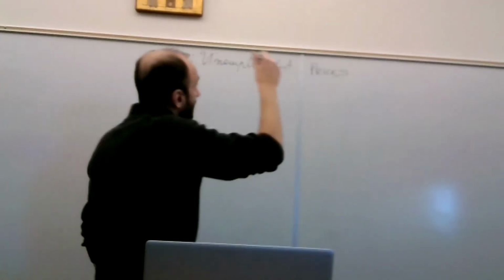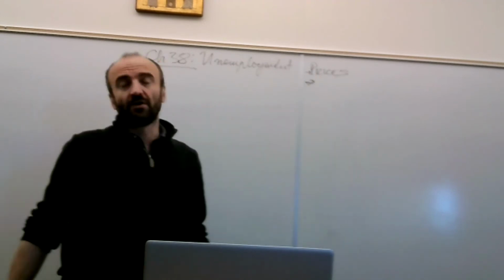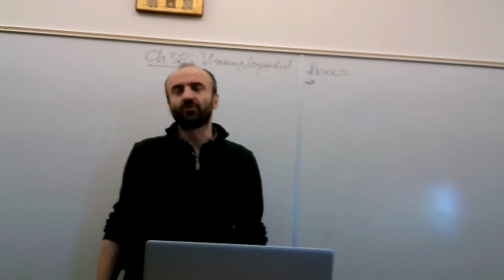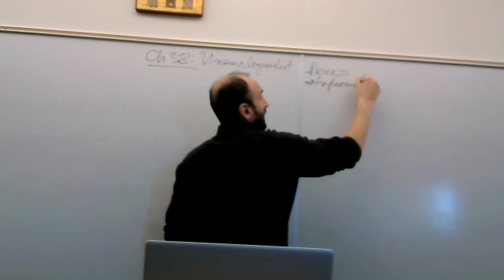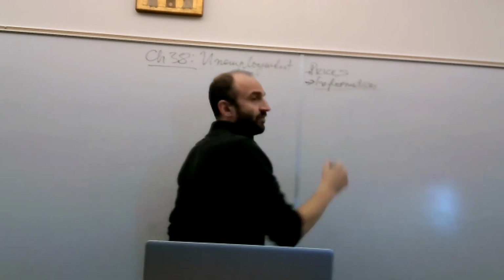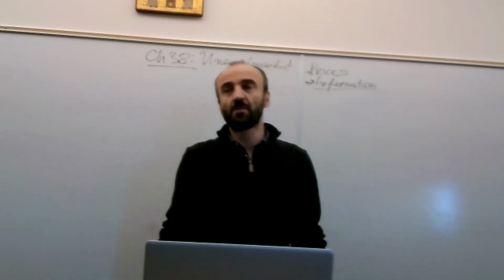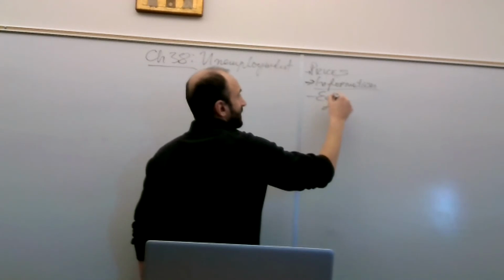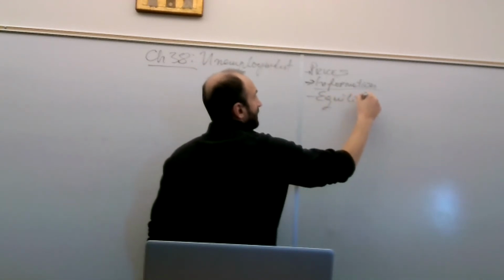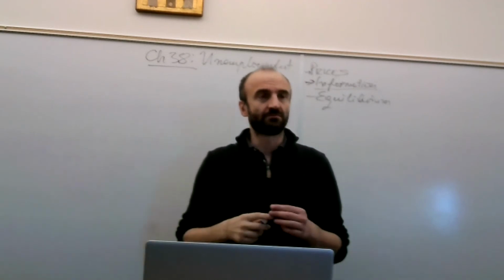The second thing will mean that we will emphasize the role of information in the labor market and how the fact that information is a positive economic good affects unemployment. And thirdly, equilibrium analysis, the concept of market equilibrium applied to the labor market.